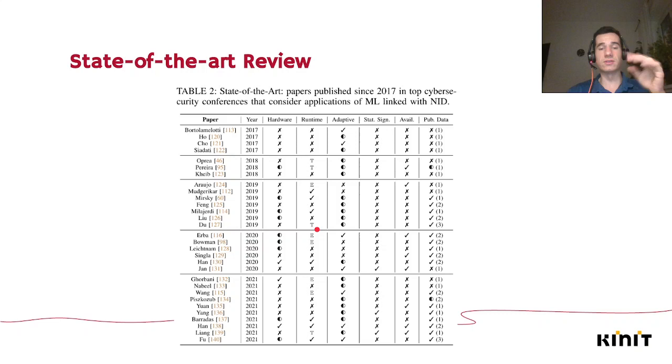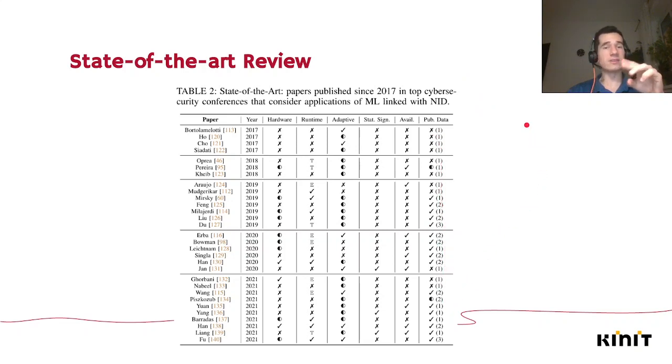Runtime also wasn't considered that often, but interestingly, adaptive adversaries were considered quite often. So this is a nice finding, but statistical significance was mostly not performed. Data availability was mostly not addressed, and usage of public data was quite popular, as was the number of data sets that were used.